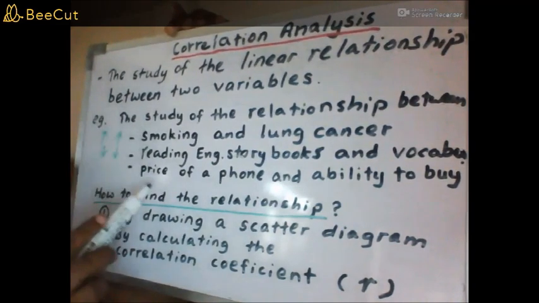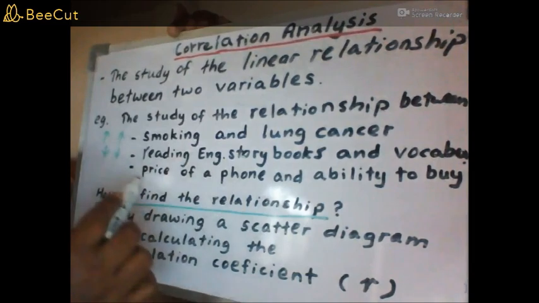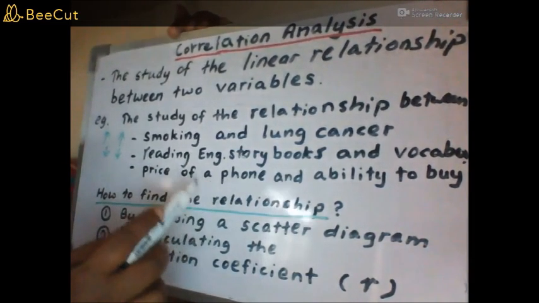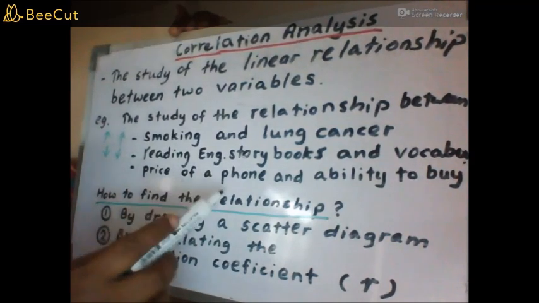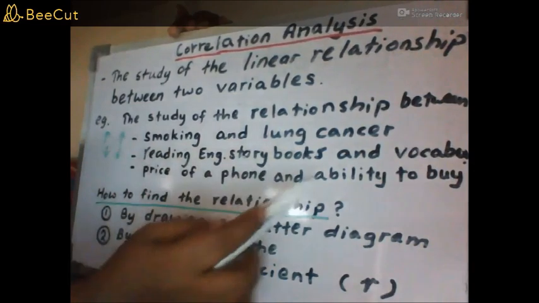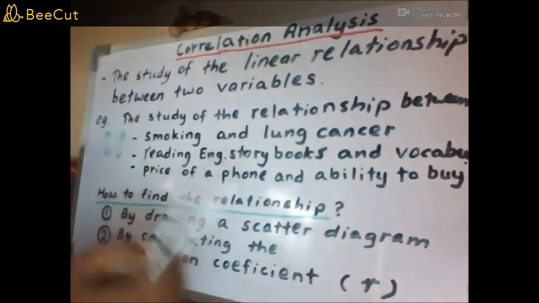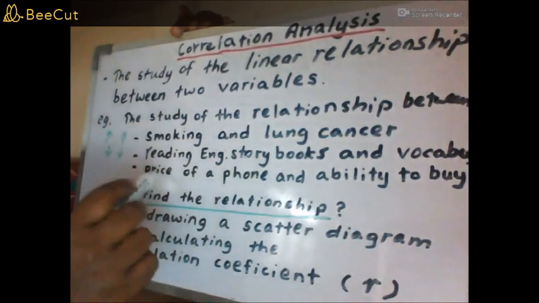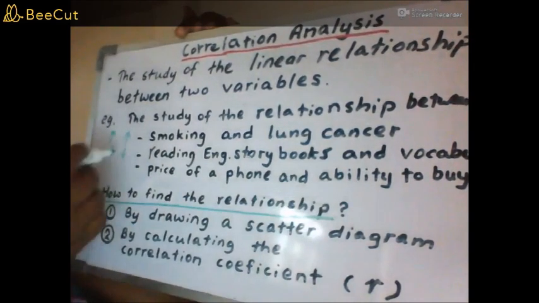Now take this example, price of a phone, right? It's a variable. It can take different prices, 10,000, 20,000, 15,000, 12,000, 60,000. So the price of a phone and the ability to buy. We are checking whether there is a relationship between the price of a phone and the ability to buy it.